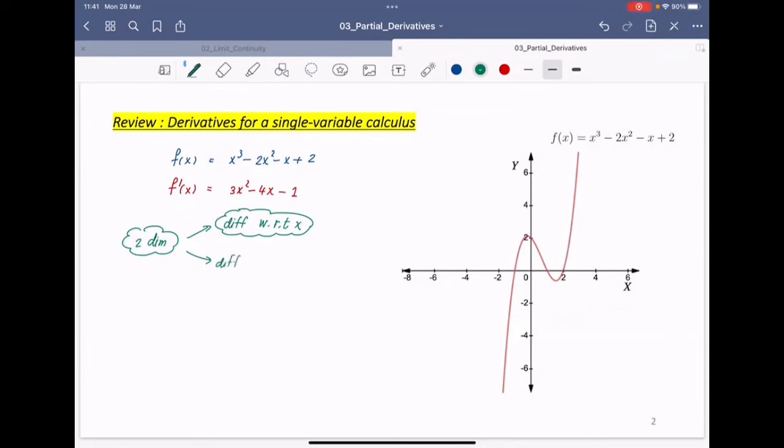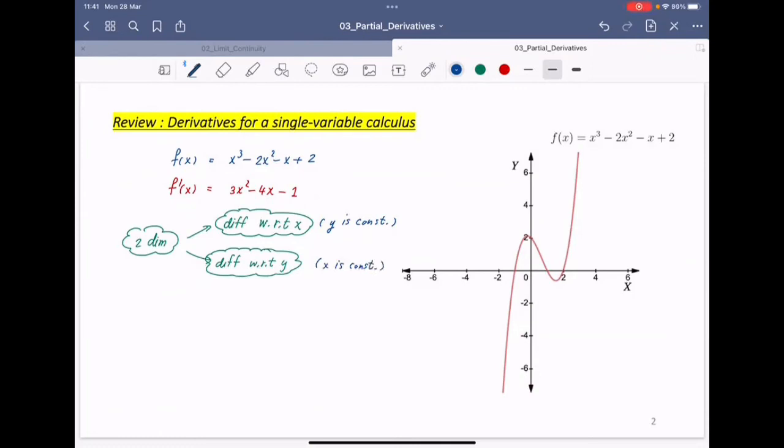Another way is to differentiate with respect to y. This one you keep y as your variable and x is your constant. So this means y is constant, and this means x is constant.